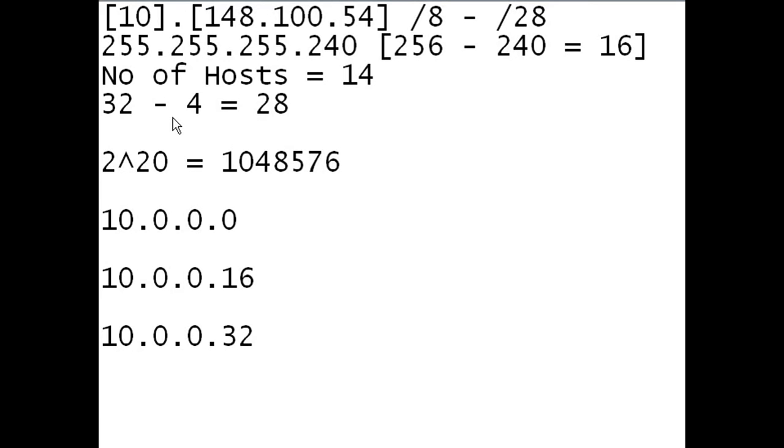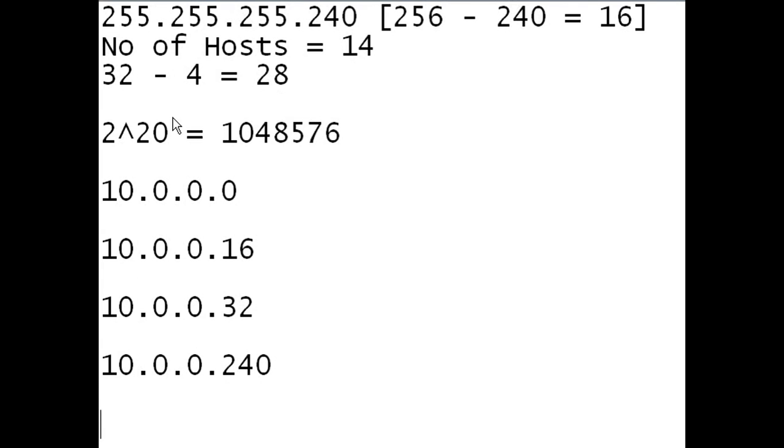When it reaches 10.0.0.240, the next will not be 10.0.0.256, because the maximum is 255.